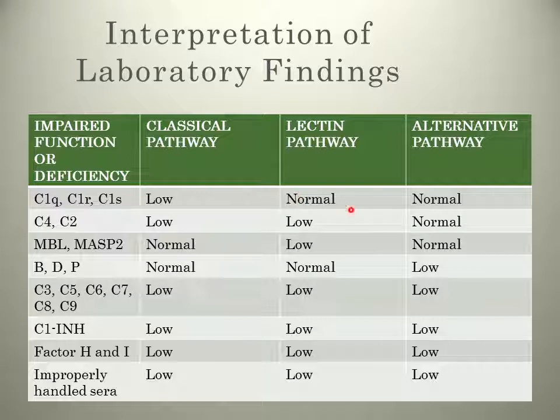Well, this says the lectin will be normal, the alternative will be normal. It's only the classical pathway that's adversely affected. That should make perfect sense to you at this point. So, like I said, read through it, use your brain, see if this all makes sense to you.